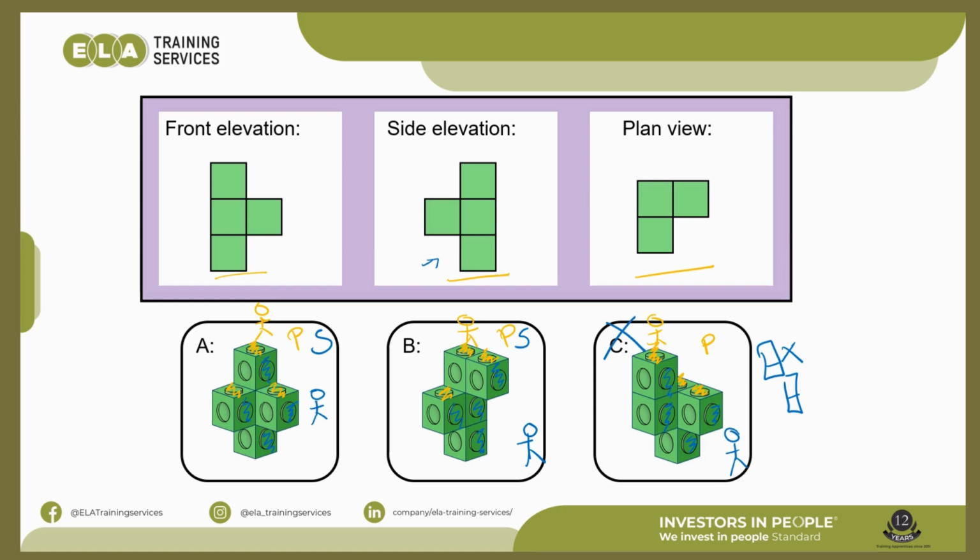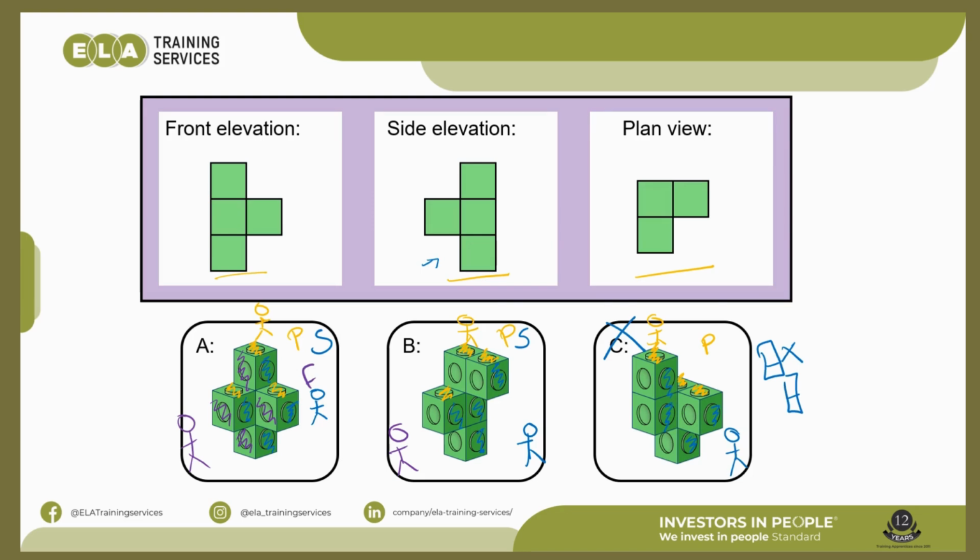That means it's all down to our front elevation to decide which one we're looking at. So remember, front elevation, we're standing here. We can see 1, 2, 3, 4. That matches.